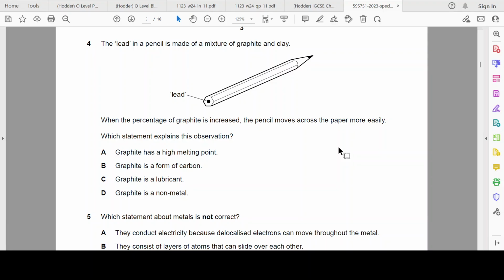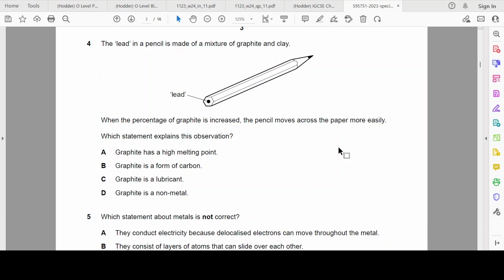Just because an option seems like it's true, fine. Graphite is a form of carbon, it's a non-metal. They're both true. But in context to the question, does it make sense as the answer? The pencil moves across the paper more easily because it's a non-metal.